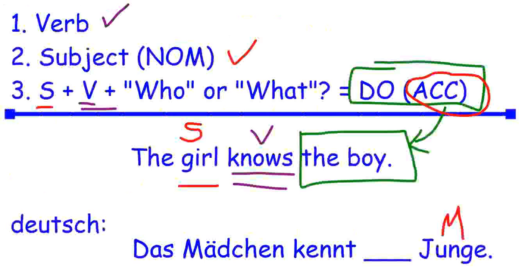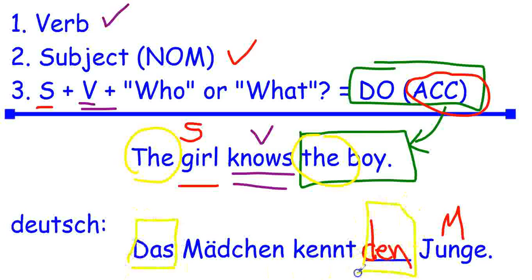We're going to use den. So in English, the girl knows the boy. In German, das Mädchen kennt den Jungen. So, as I said before, the in English, but there are many different thes in German.